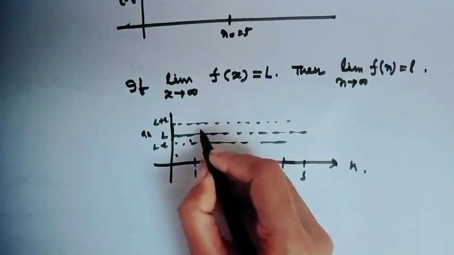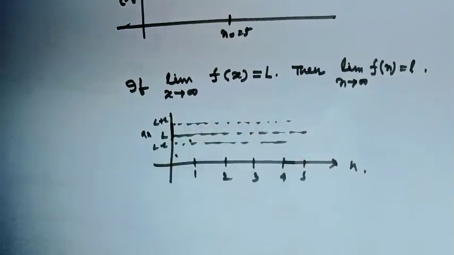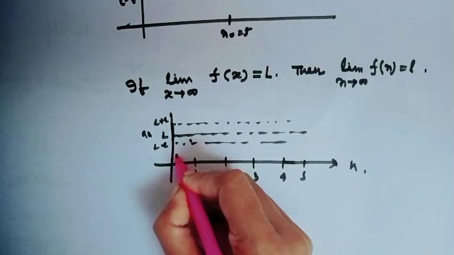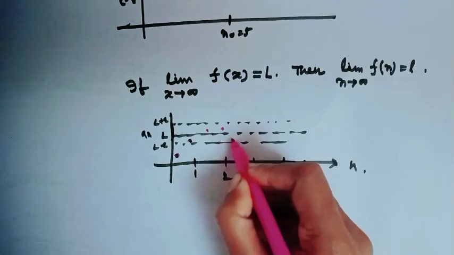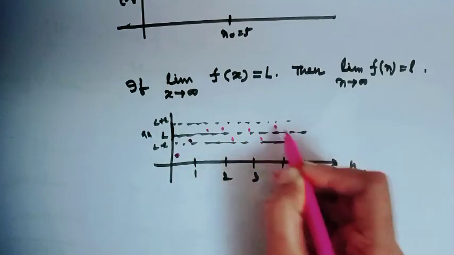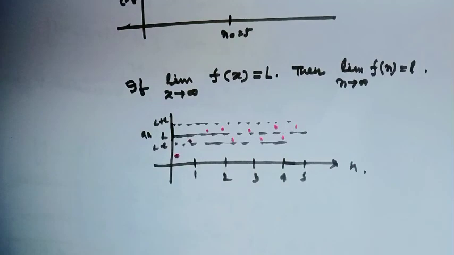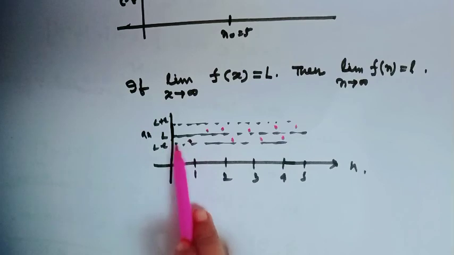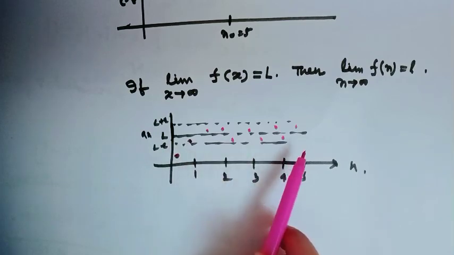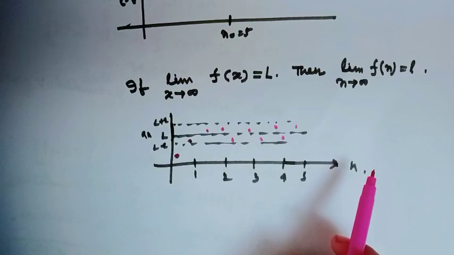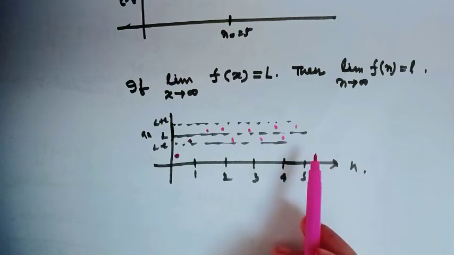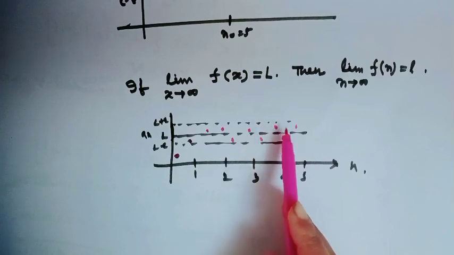This is the sequence. This looks like, that means the sequence has a limit L because after the term n greater than or equal to n naught, all terms of the sequence lie in this two epsilon band.